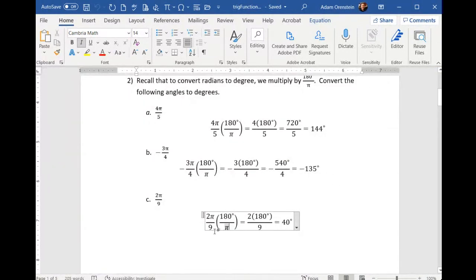So we have this, and when you multiply, the pi's cancel. You're left with 2 times 180 degrees over 9. If you do this entire calculation, you would get 360 degrees over 9, which is 40 degrees. I know I didn't write down the step from here to 40 degrees, but you could do that in your calculator easily.